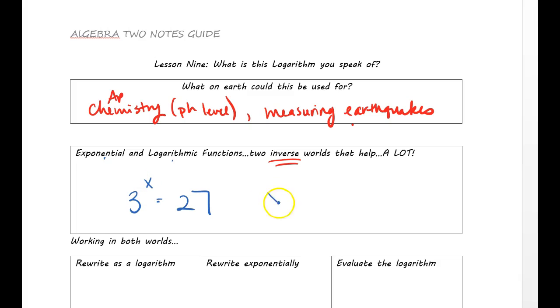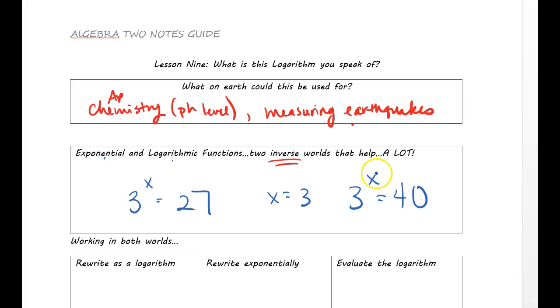It's not 3 squared, which would be 9, but if x was 3, this totally checks out, right? So that's easy. But if I gave you the same 3^x and then changed the 27 to a 40, well, there'd be a problem, because there is not an exact number here.